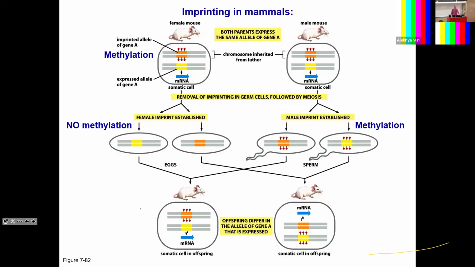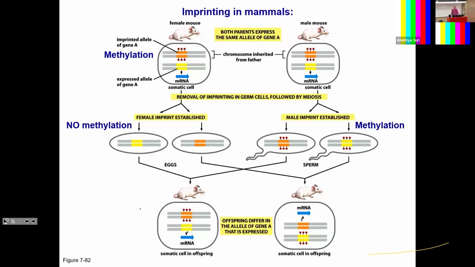Unlike, say, in the oocytes, you can see here the orange colored gene, which had methylation groups before, does not regain these methylation groups because the enzymes that put these groups there are not there. So they are missing.